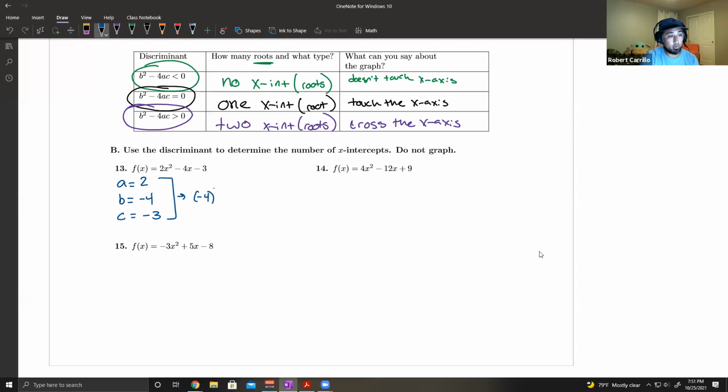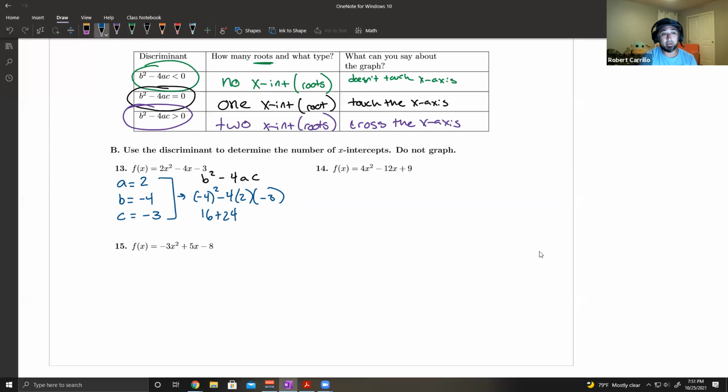If you use a discriminant, you'll have b squared, so -4 squared minus 4 times a times c. So remember, we're using the discriminant here, b squared minus 4ac. Clean it up. That gives me 16. And -4 times 2 is -8. -8 times -3 is +24.